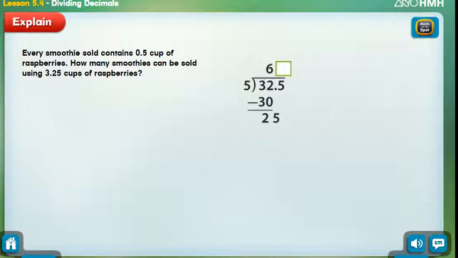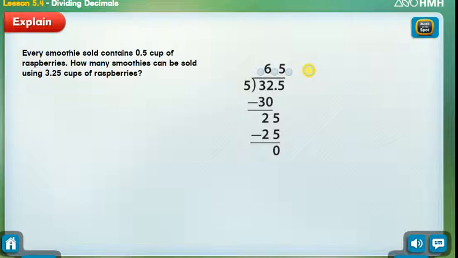Let's continue dividing. How many times does 5 go into 25? Enter your answer. Great! 5 goes into 25 5 times. Don't forget to place the decimal point in the quotient directly above where the decimal point is in the dividend.